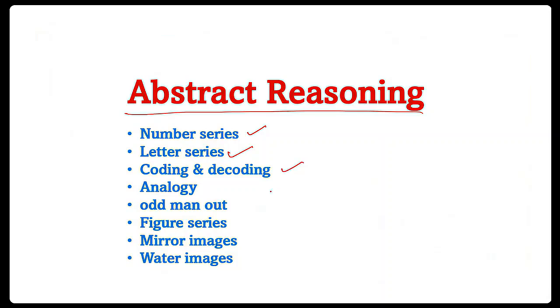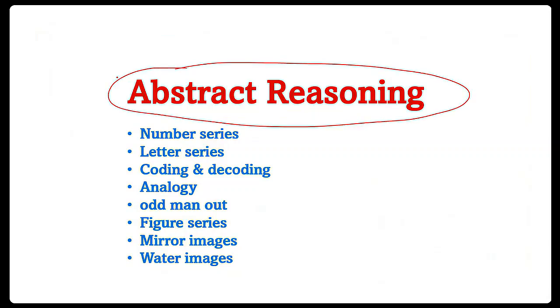Coding, decoding, analogy, that means relation based, odd man out, where one is different from the others. Figure series, where you will be given a series of figures which follow a particular property, and you have to find the next one. And then mirror images and water images of objects, as well as mirror images and water images of a clock. So these are the major areas which Accenture has focused on as part of the abstract reasoning section.